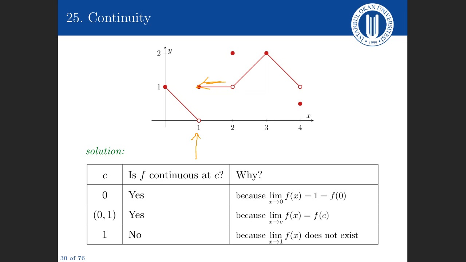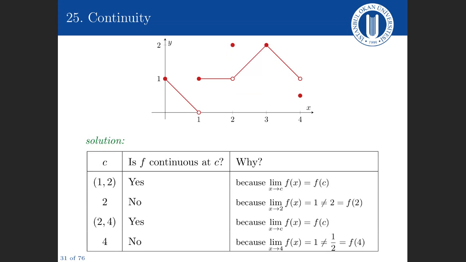The limits, just looking at each side, are different, so the limit doesn't exist. Between 1 and 2, and between 2 and 4, again, the function is continuous because the limit exists, f of c exists, and they are the same number.